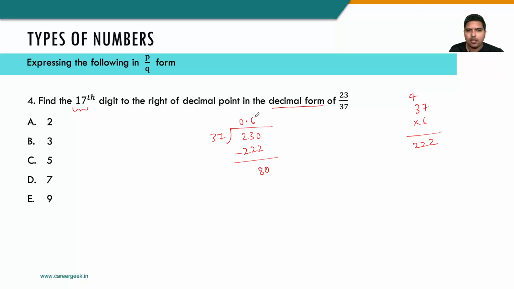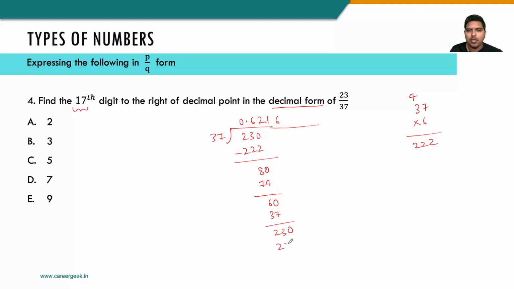Then this, I think, goes 2 times. 37 fours is 74 and a 6 remains. A 0 is there, so this will go in 1. 37, so 23. Okay, so we got to the same, right?